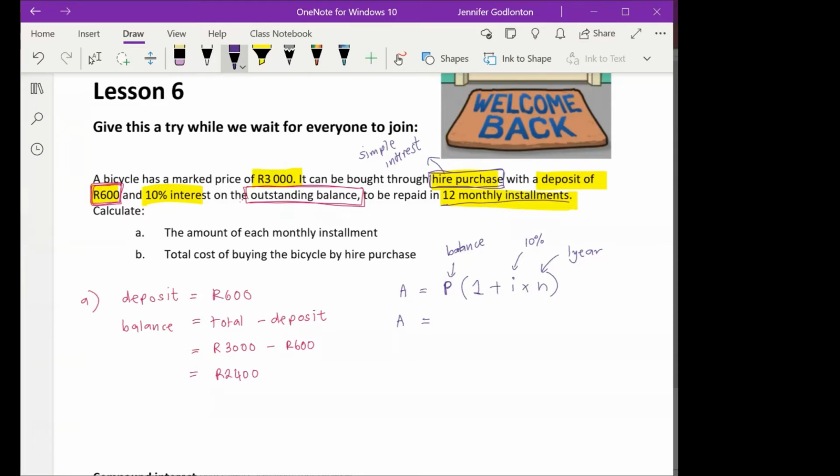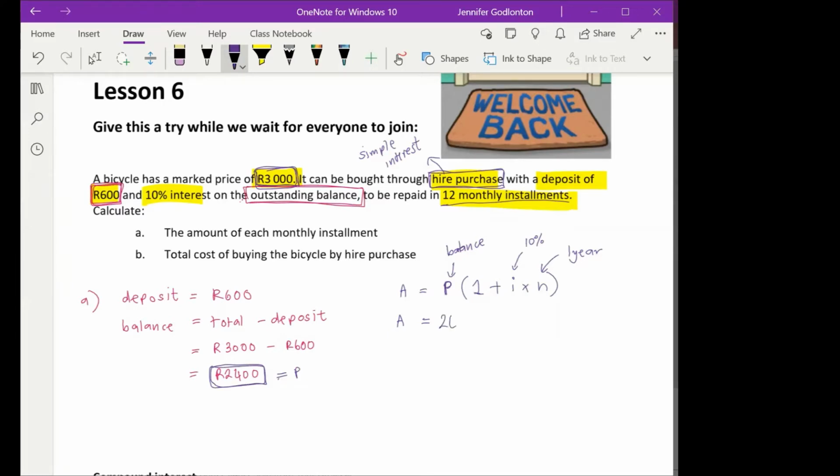So if you got 3,300, it means that you used this amount of money. You used the 3,000 as the P. But the problem is that with hire purchase, we only pay interest on the balance. So this is going to be our P because we first have to take off our deposit.